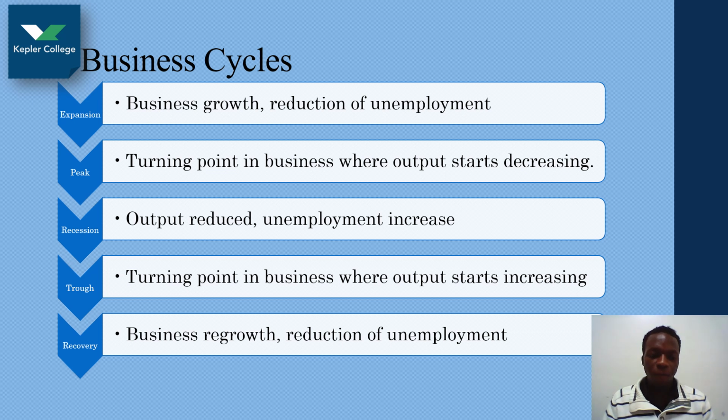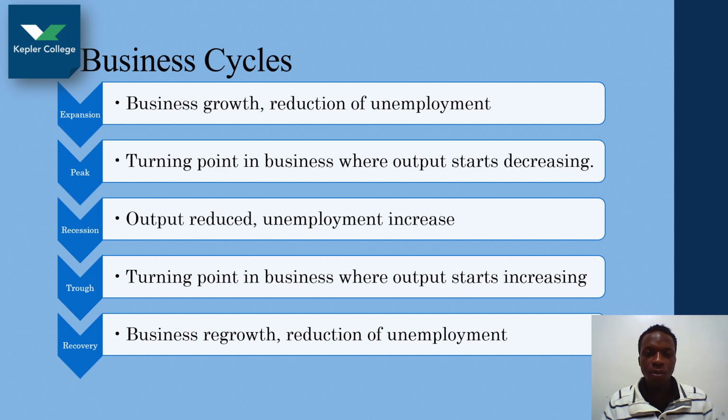Recession is the next phase of the business, where the output is now reducing. The business has reached the maximum. In the recession phase, more businesses are coming into that industry, causing the unemployment rate to increase, as well as the output level reducing because of a lack of people to purchase or to sell those products.